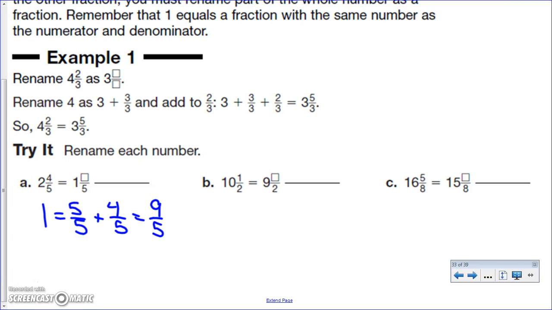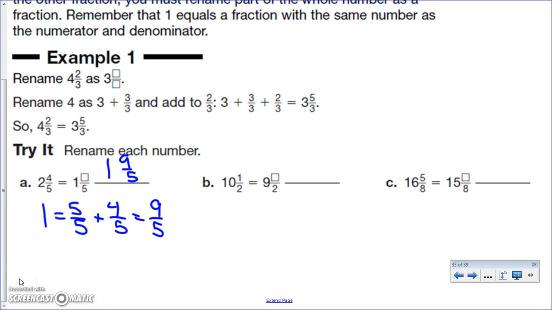And then that 9/5 is going to go back up with the 1 we have there, so we get 1 and 9/5 as our final answer. So 1 and 9/5 means the same thing as 2 and 4/5.